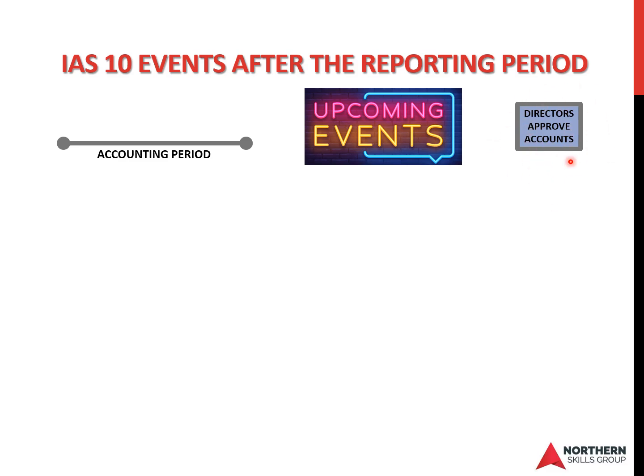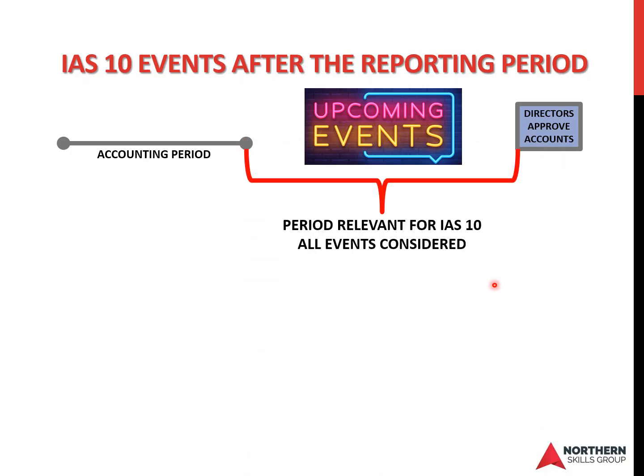Not when they're issued to the shareholders, not when the shareholders sign the accounts off at the annual general meeting, but when the directors have added their signature to the statement of financial position. So right up to that sign-off date, we're interested in everything that happens in that interim period.